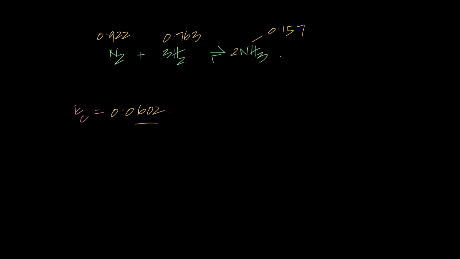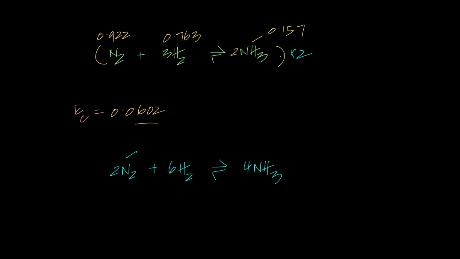Now I want you to do something fun: multiply this entire equation by 2 and then find the Kc value for me. What would you get? You would get 2N2 plus 6H2 gives 4NH3.